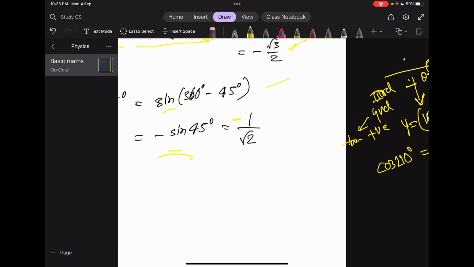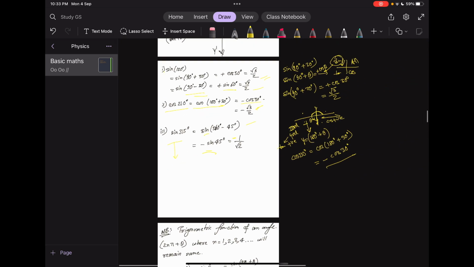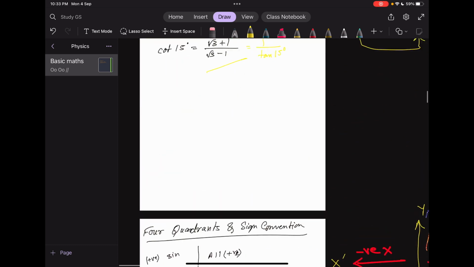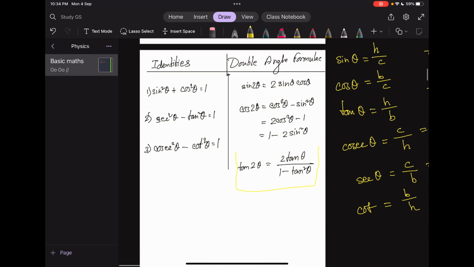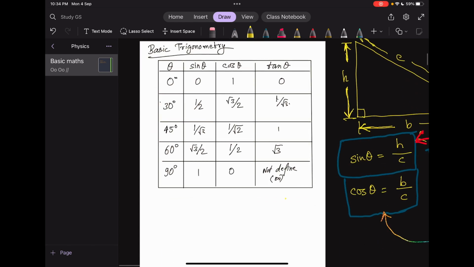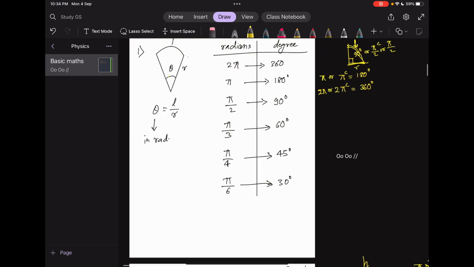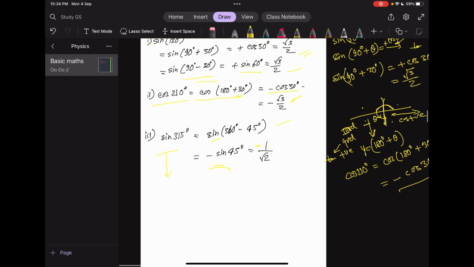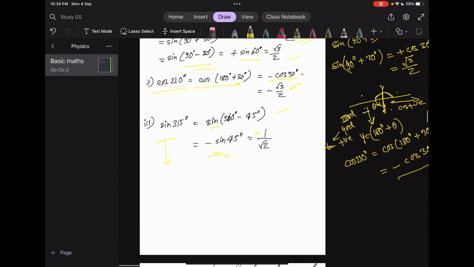Sorry, it's minus 1 by root 2, because if we come to the top from where we had started, the value of sine 45 is 1 by root 2. So the value of minus sine 45 must be minus 1 by root 2.